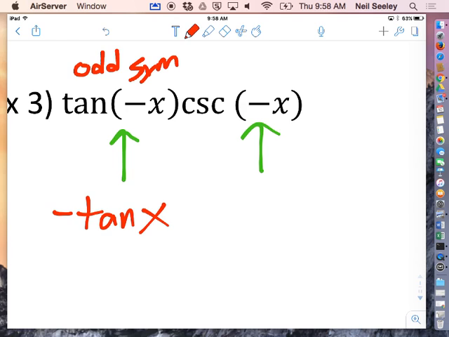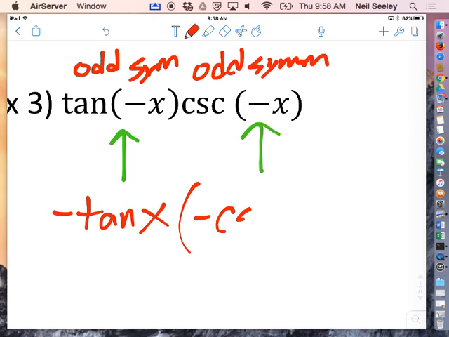They all have the same property where tangent of negative x is the same as negative tangent of x, because these are both odd symmetry type graphs. And that plays itself out kind of cool. We'll talk about that later too. Is that okay? Negative cosecant of x. That's just using that odd-even identity process.